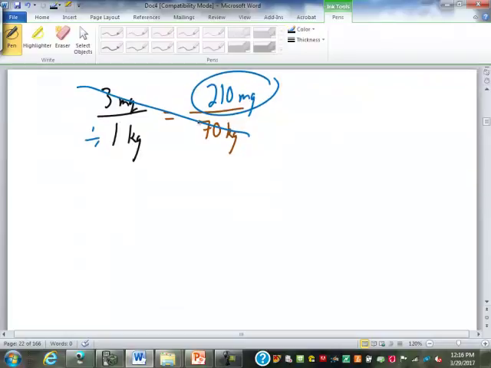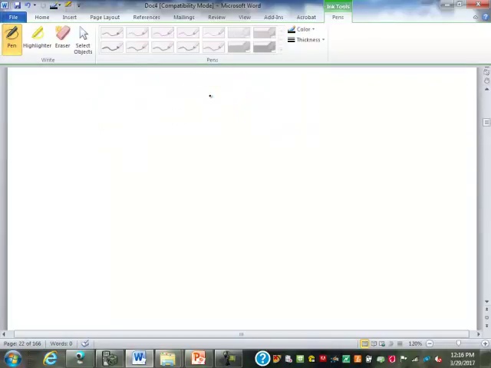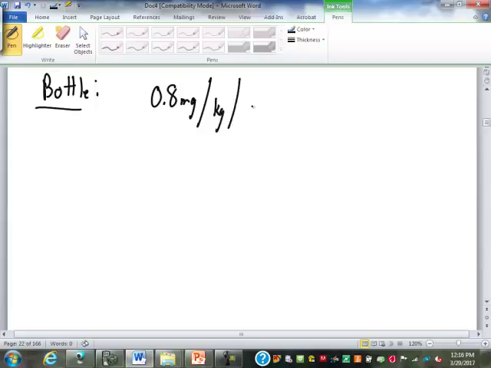Okay, let's do one more example of that, and then we'll call it a day. So we're looking at the label on the bottle, and it tells us 0.8 milligrams per kilogram per hour.